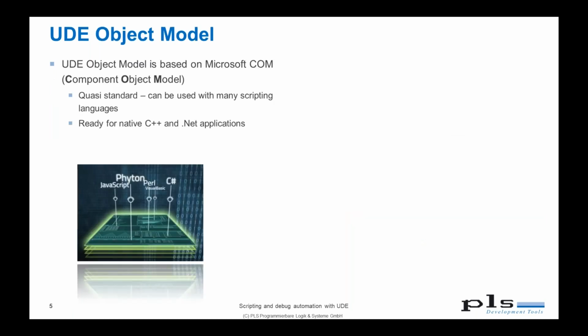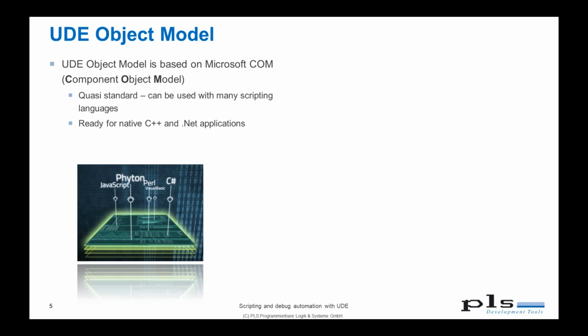The UDE automation is based on the UDE object model, and this object model is based on the Microsoft component object model, COM, which is a product in the Windows world and a quasi-standard for communication of Windows applications with each other, or for doing some scripting in the Windows world.